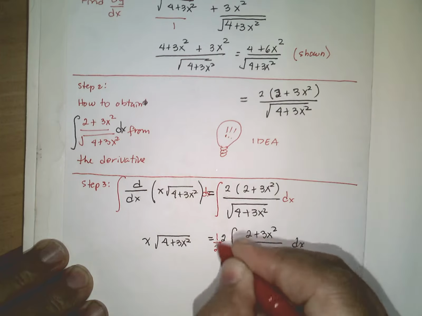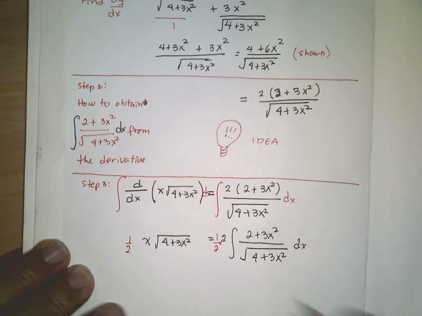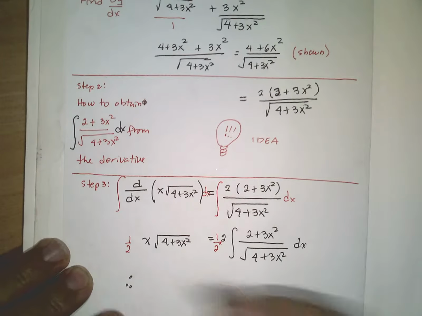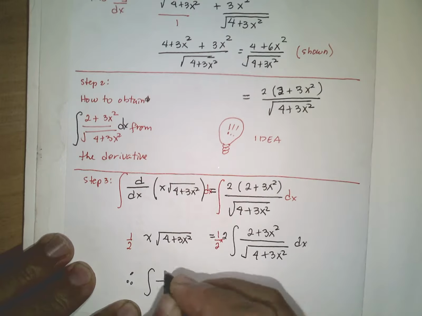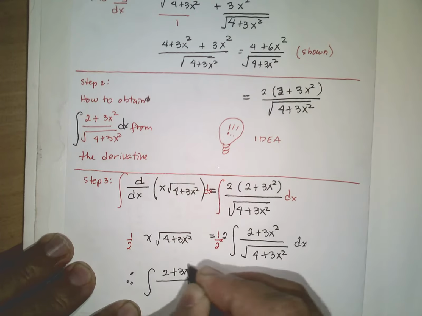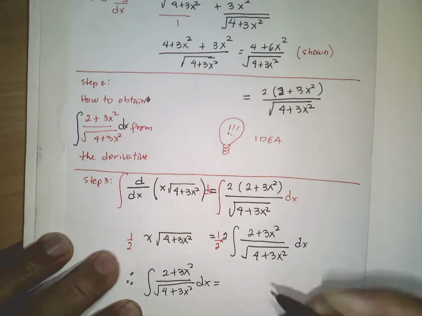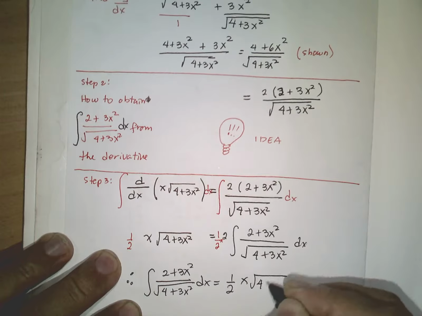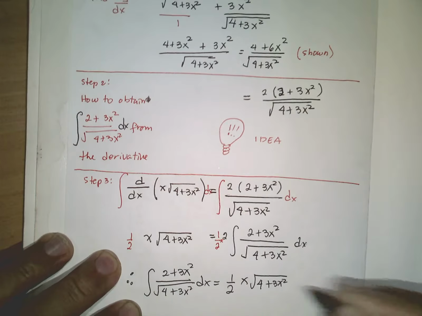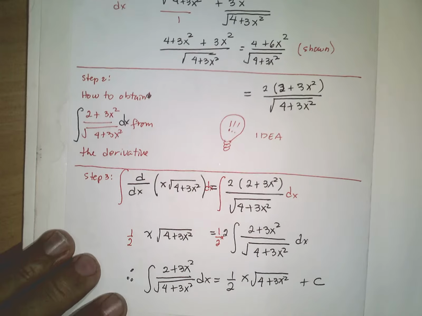Therefore, what we can see now is very magical: the integral of 2 plus 3x squared over the square root of 4 plus 3x squared dx is equal to 1/2 x times the square root of 4 plus 3x squared plus c. Okay, so that's the end of this question.